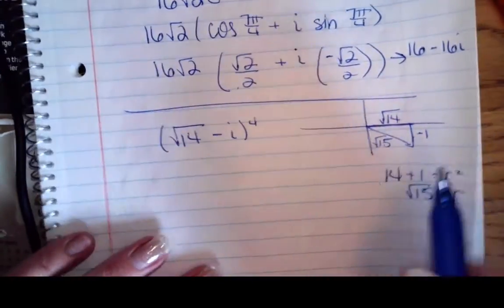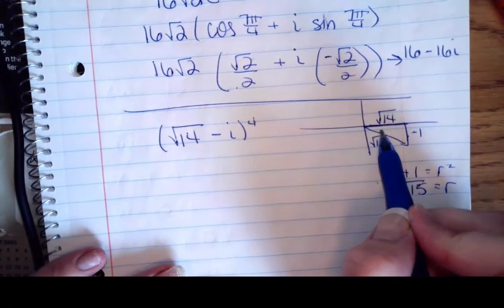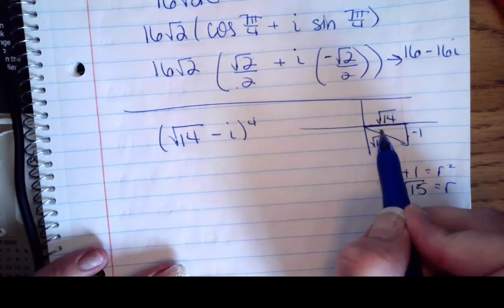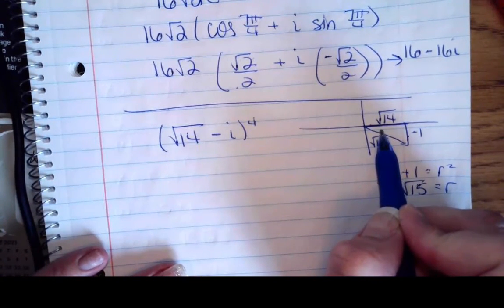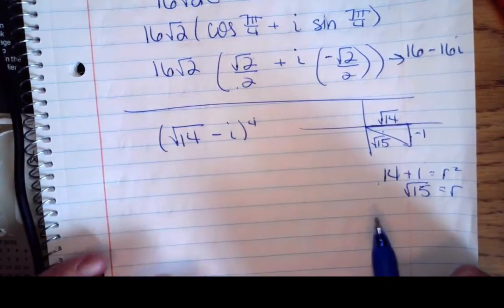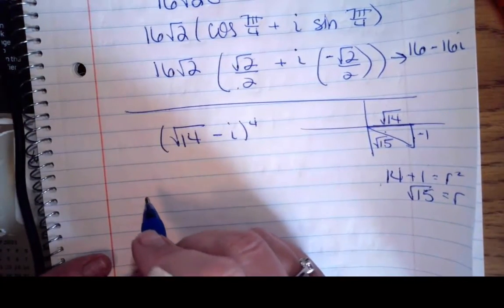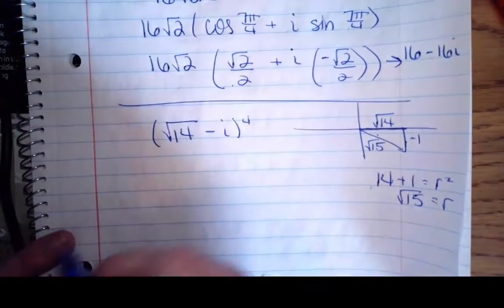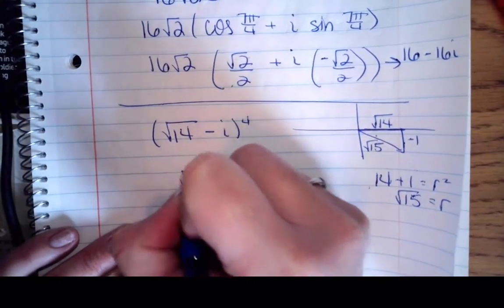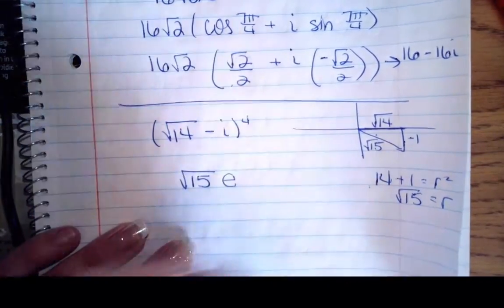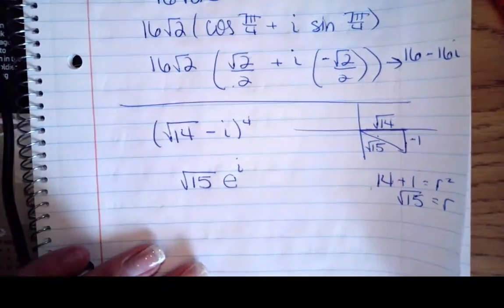So I know that now this angle is not a benchmark angle. So we're going to go ahead and set this up as the radius, which is root 15, times e to the i.